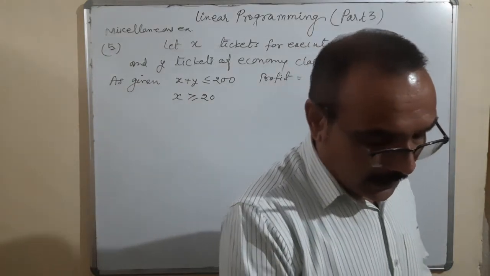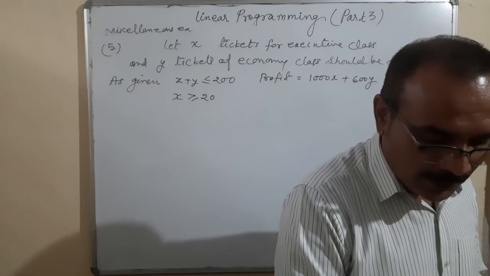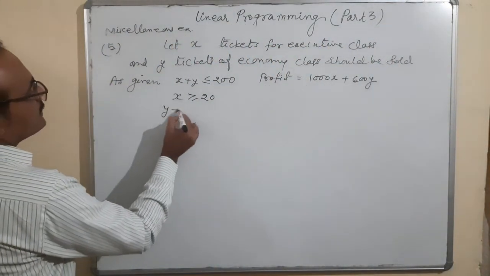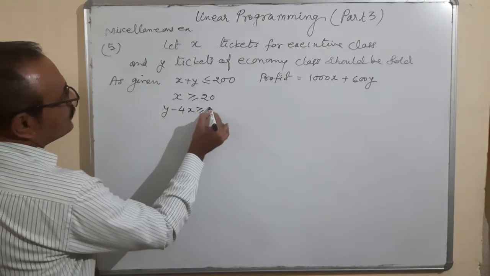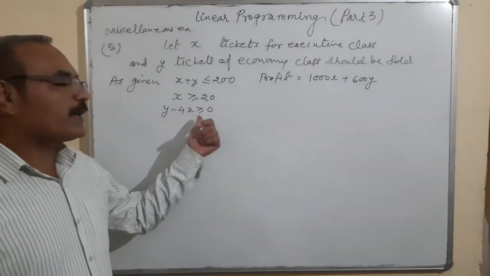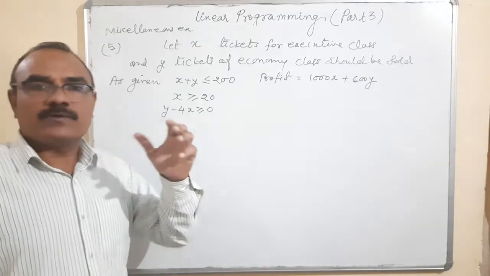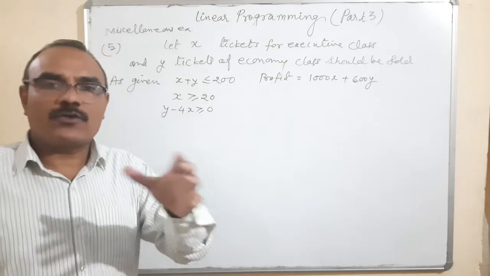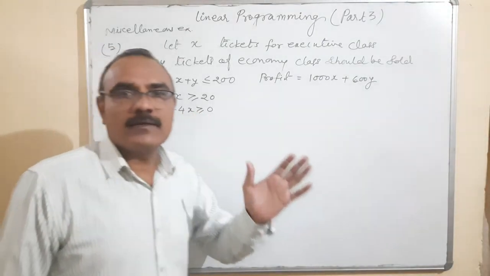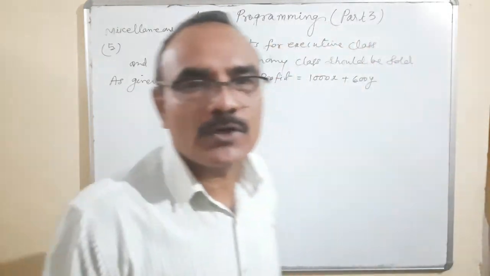However, at least 4 times as many passengers prefer to travel by the economy class than by the executive class. So that means y minus 4x is greater than or equal to 0.